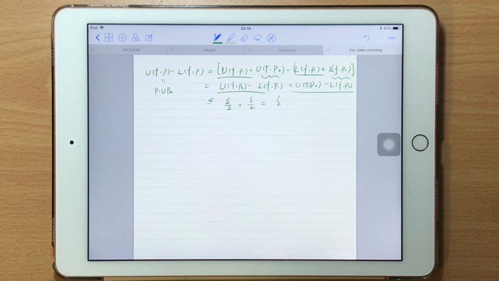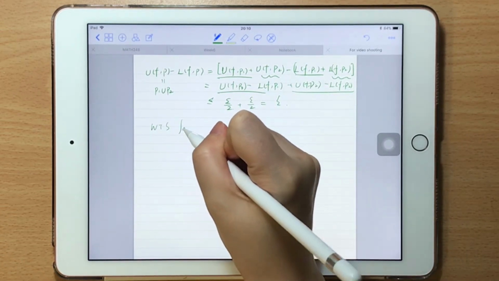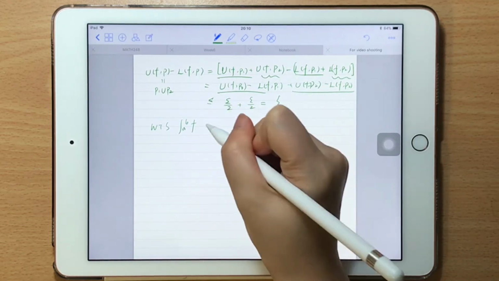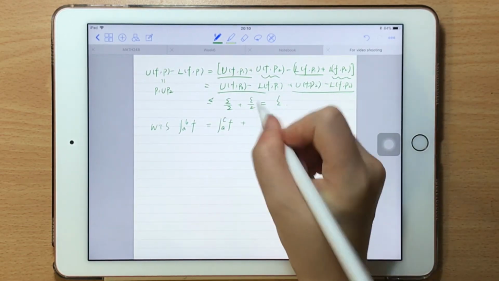Okay, so the next thing we want to show is that we have the integral of f. Want to show the integral of f on AB is equal to the integral of f on AC plus CB.